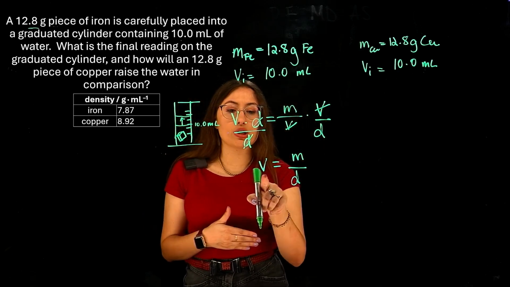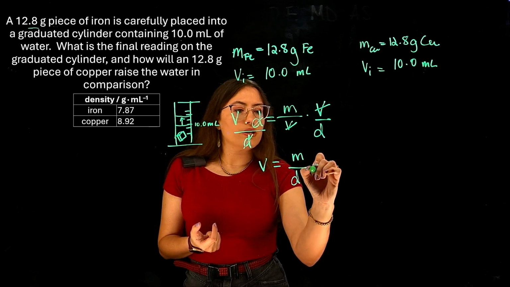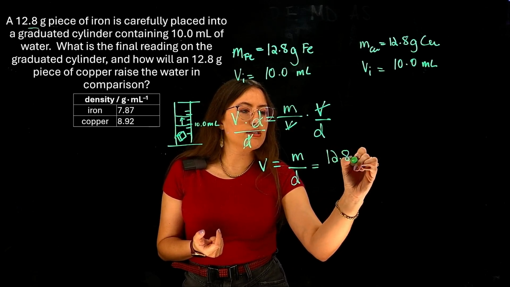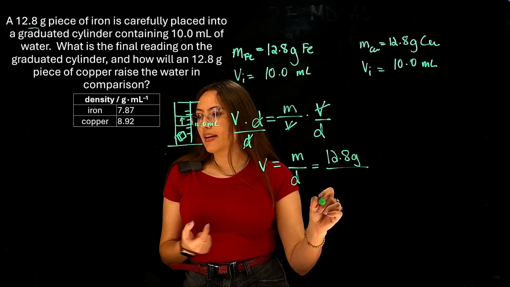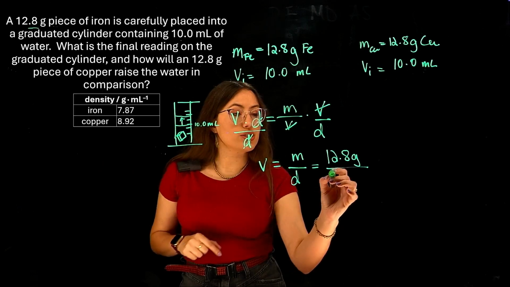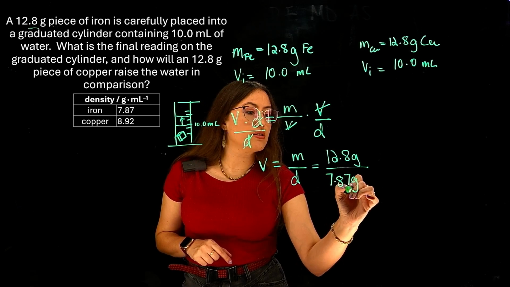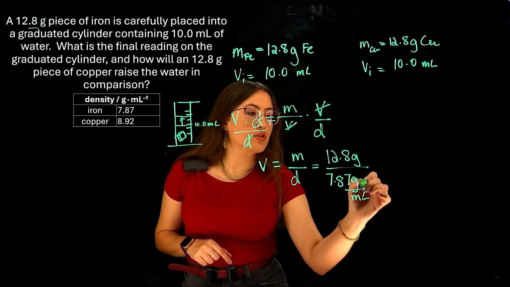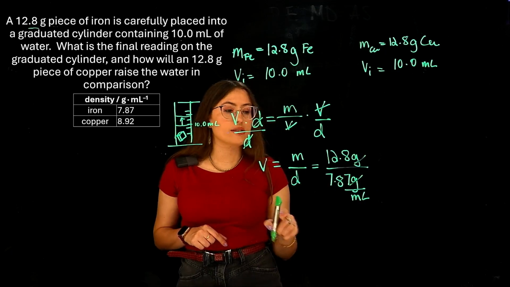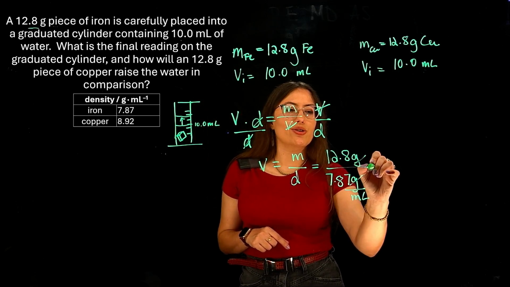We're going to look for the volume of that piece of metal. So we're going to put 12.8 grams in our numerator divided by our density for iron, which is 7.87 grams per milliliter. Grams and grams cancel out. Because milliliters is being divided in the denominator, it will come up into the numerator.